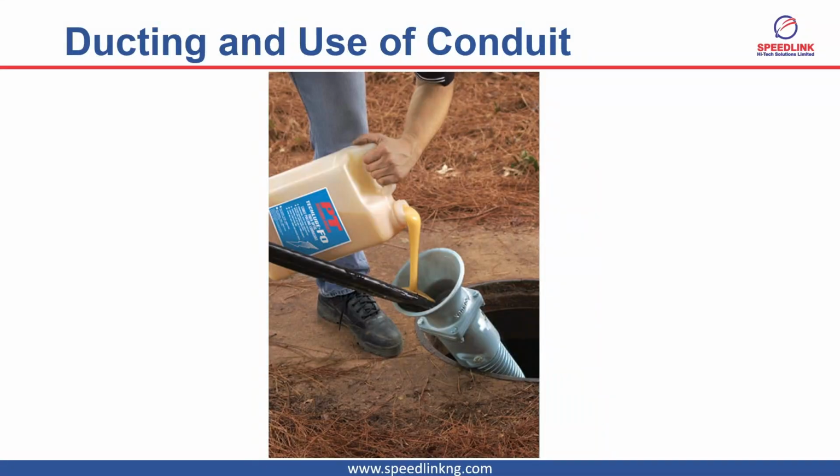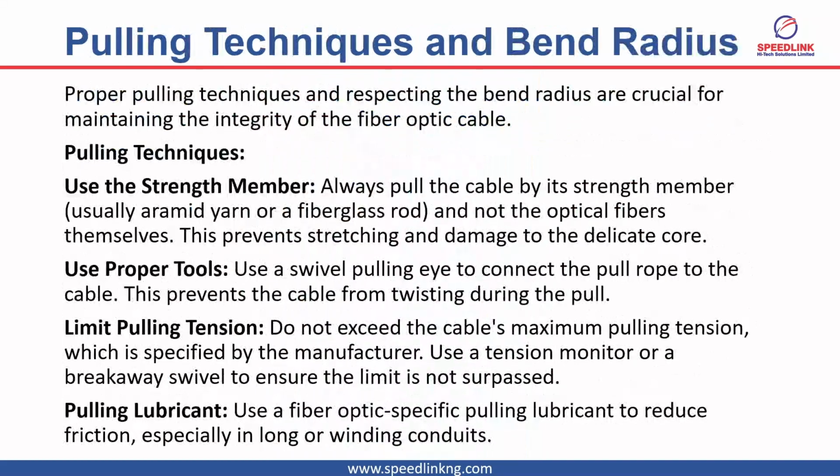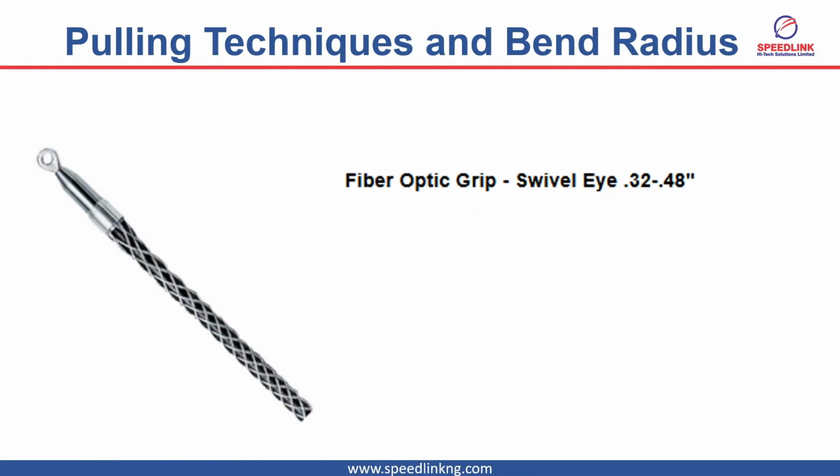So that as it's being pulled, the lubricant will help to free up the tension inside that tunnel. Are we understanding? So you have to use a fiber optic specific pulling lubricant to reduce friction, especially in long or winding conduits.